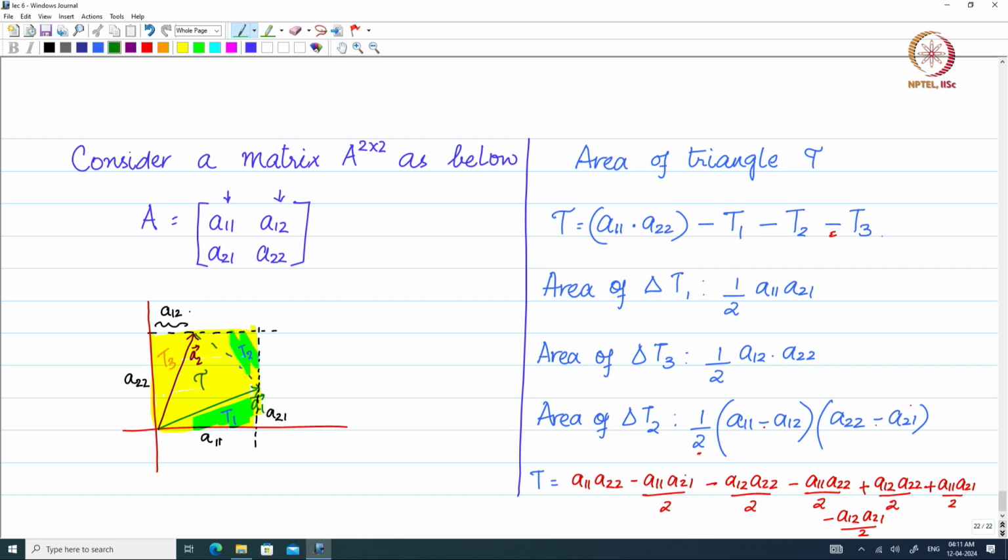You have A11 minus A11 A21 by 2 getting cancelled with plus A11 A21 by 2. Then you have A12 A22 by 2, and that gets cancelled, A12 A22 by 2. So what are we going to have?